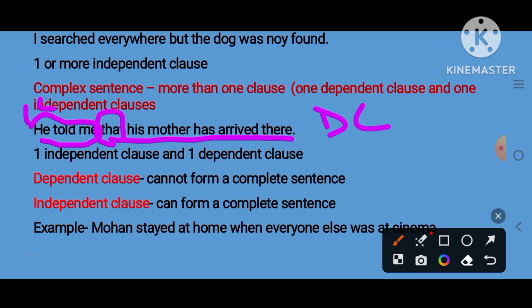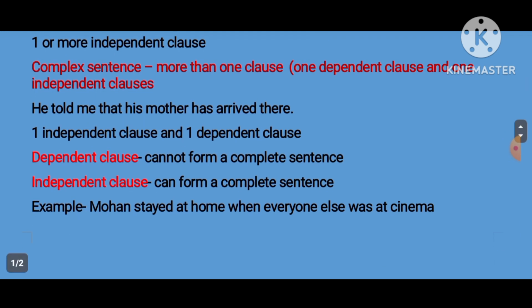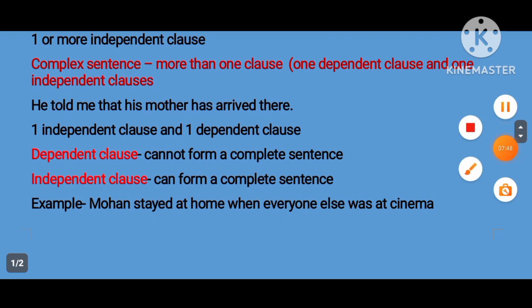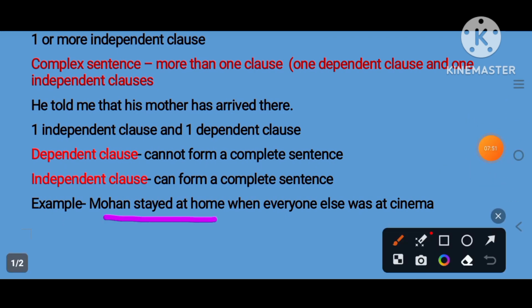But in the compound sentence, the coordinating conjunction but is there, whereas here the relative pronouns like that, when, who, what must be in the sentence. We can easily identify they are complex sentences. Another example: Mohan stayed at home when everyone else was at the cinema.